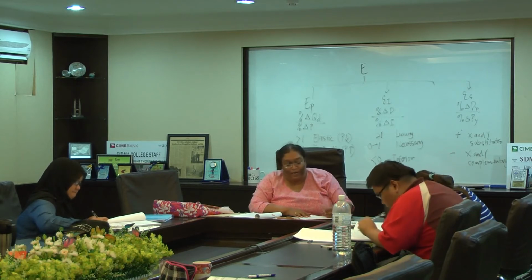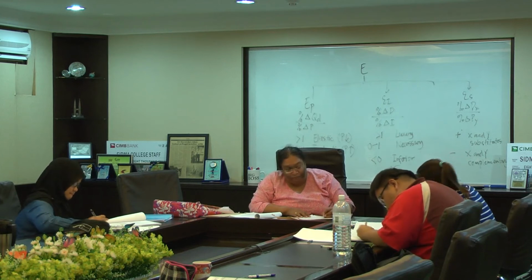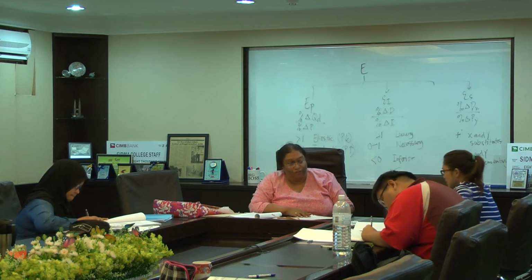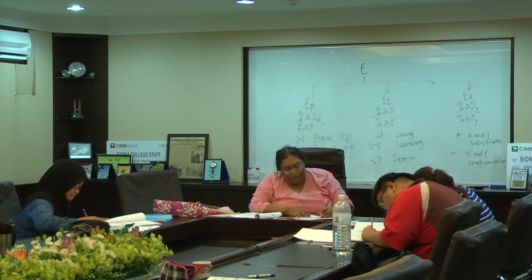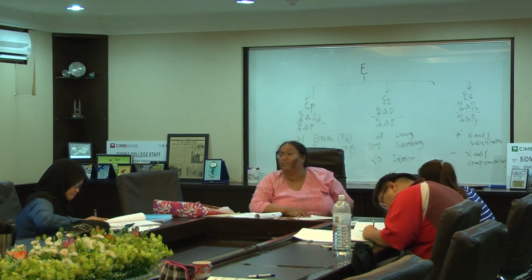On Saturday, I decided to change the price of fish. So now the price of fish, I put it as 8 ringgit a kilo, and I want to see the response.